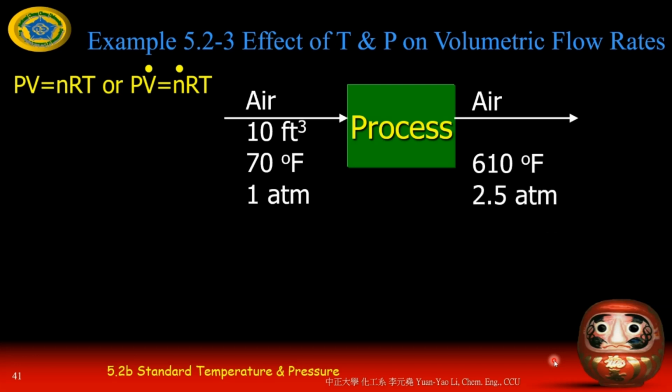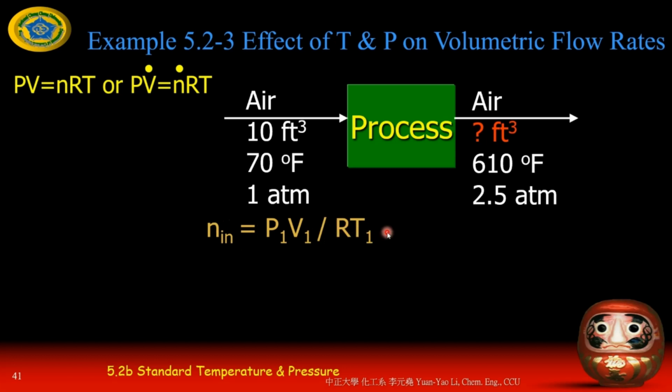And now, what's the value of this? Easy, right? Because you know input equals output. If you use PV equals nRT, the input is P1 V1 divided by RT1, right?